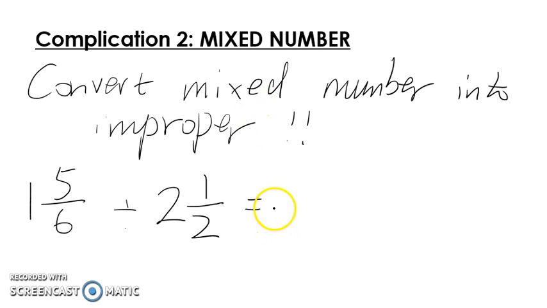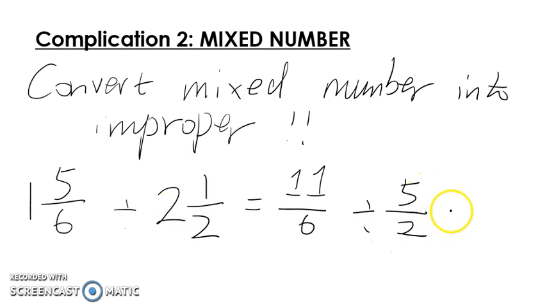Before we move on to the division, we need to convert them all into improper fractions. 1 and 5/6 becomes 11/6. If you still have trouble with this, please ask for help, because that is considered a basic skill now. Divided by 2.5 becomes 5/2. And then 11/6, division becomes multiply, 5/2 becomes 2/5.